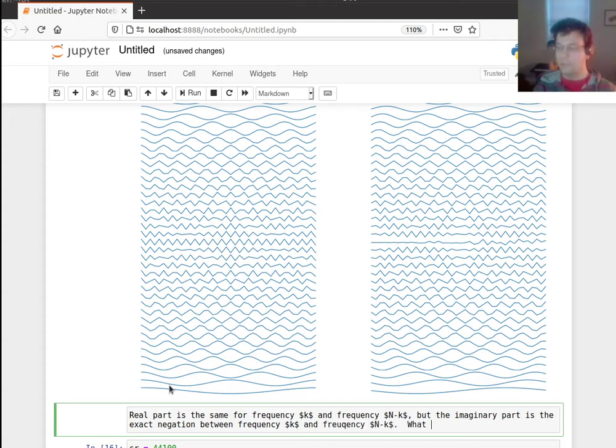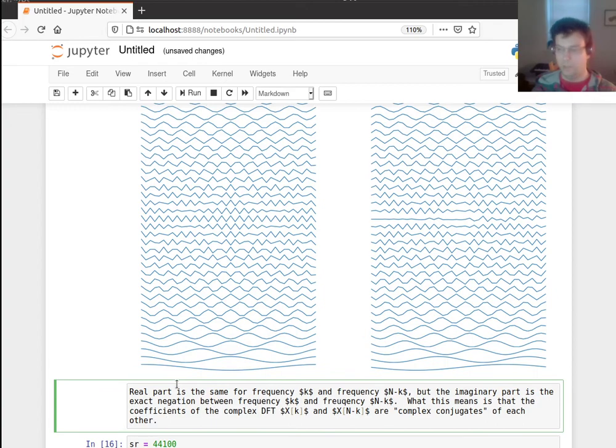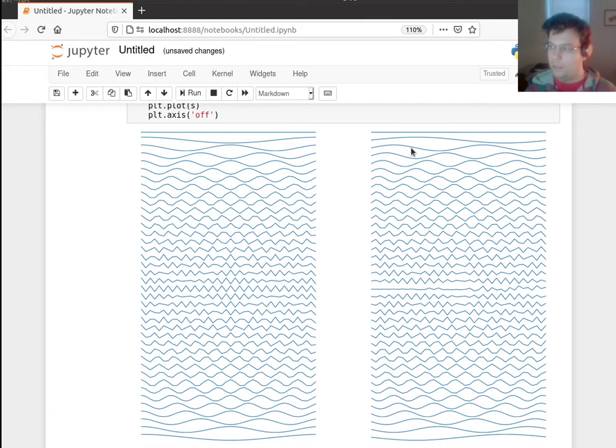So what this means is that the coefficients of the complex DFT, x of k and x of n minus k, are complex conjugates of each other. And this just means that the imaginary component gets flipped. Okay. So we can see that in these plots here.